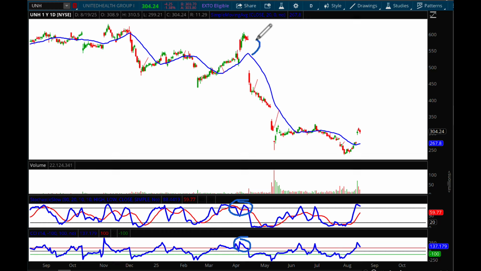It's way overextended from this moving average. And you notice these signals and you say, wow, this stock is very close to a resistance area up here. And by the way, the volume is dropping on the way up. So you look at your trading checklist and you see nothing but sell signals. So you decide to spend some money and buy insurance on your holding here in United Health Group.